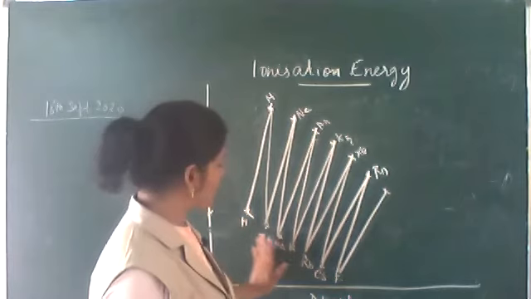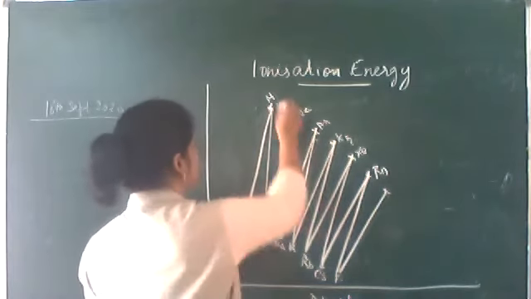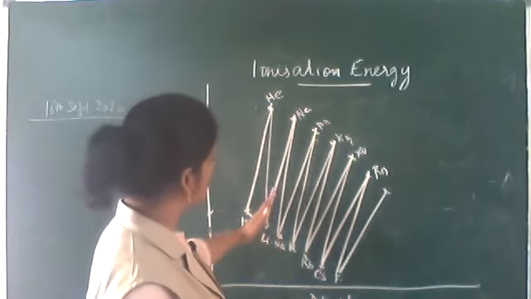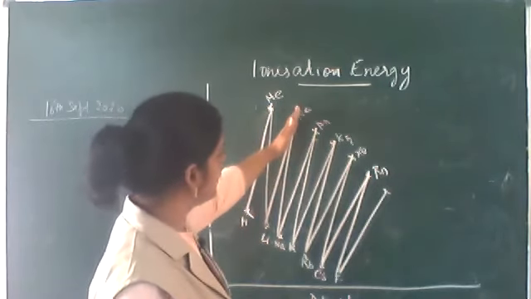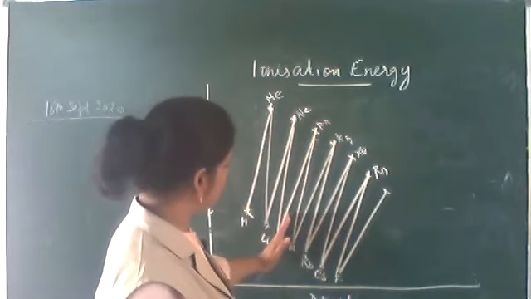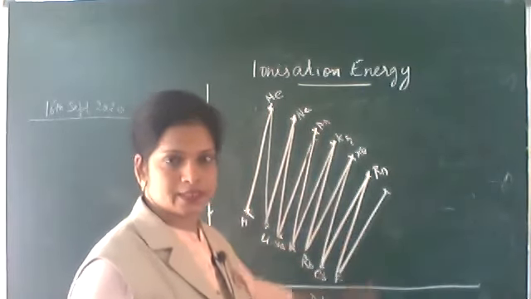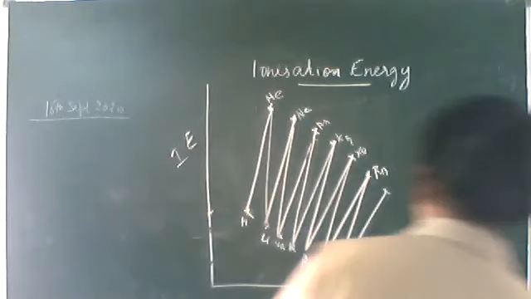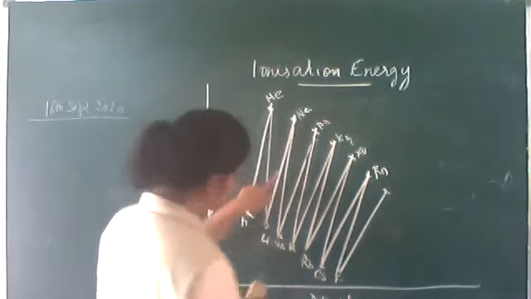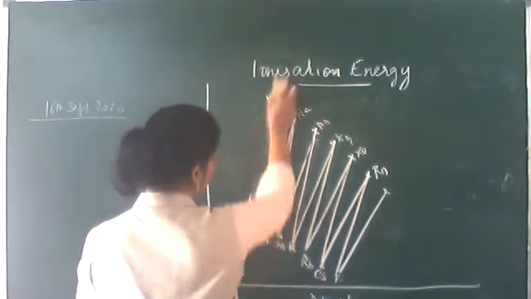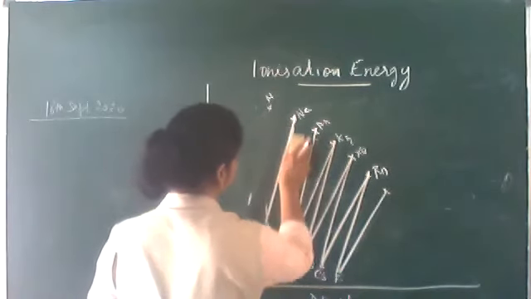So all elements, hydrogen, helium, lithium, then beryllium, boron, carbon, nitrogen, oxygen, fluorine, neon, then sodium, magnesium, aluminum, like that. All elements are presented in this. Now I am going to take this line, that is lithium to neon.